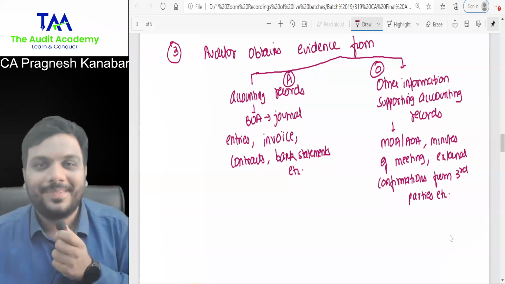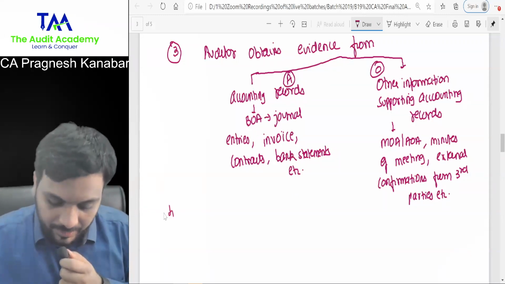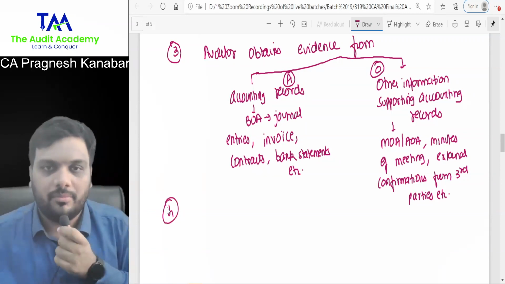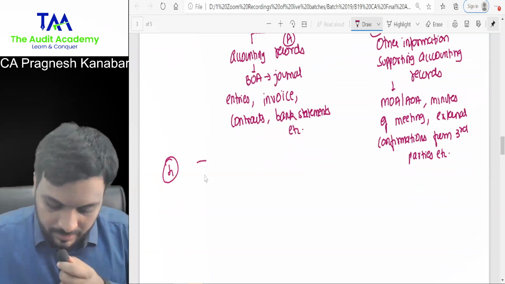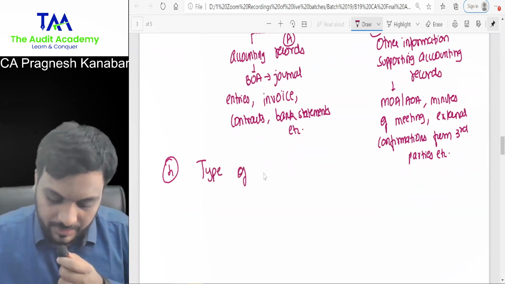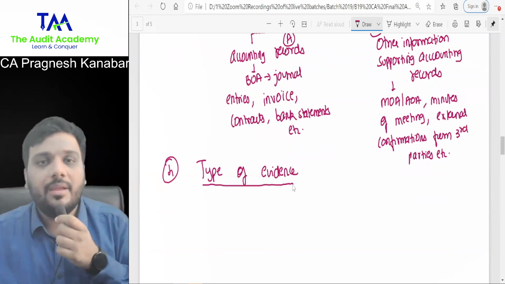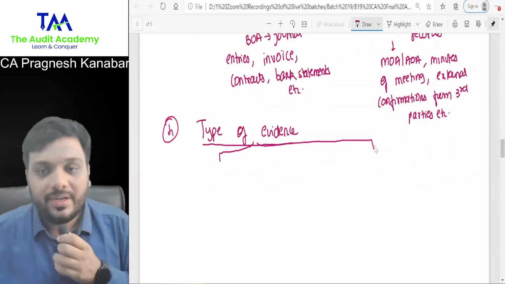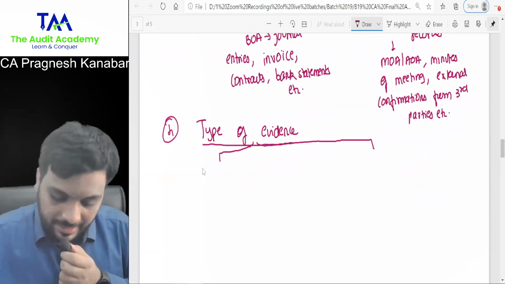Okay. Now, but you keep on answering. If you go wrong, I will never scold you. All right. So not a problem. So let us talk about this type of evidence. Type of evidence. Okay. Now, whatever evidences you obtain, it is categorized into two.